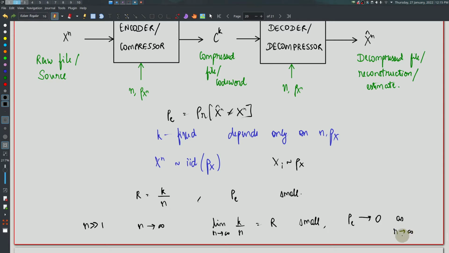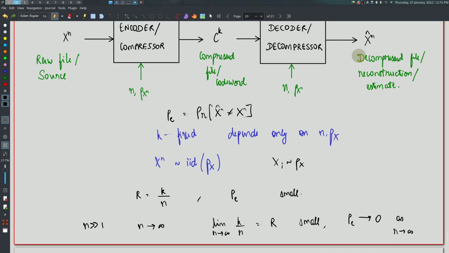Okay, it's okay if our compressor does badly for small n, for n equal to 5 or 10 or 20, the compressed length could be large, no problem. But for a really large n, we want the compressor to work very, very well. And for many applications, that is really what we want.